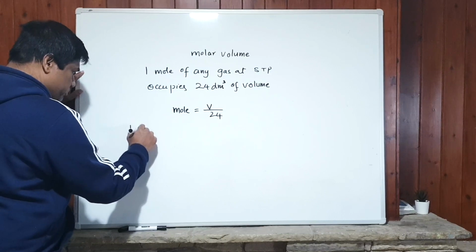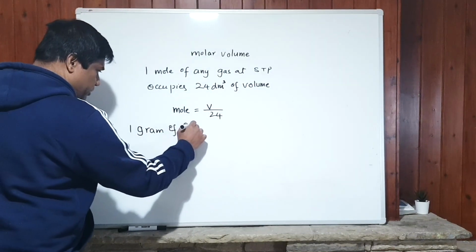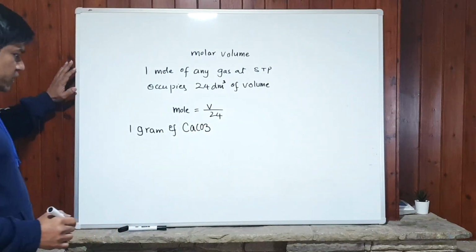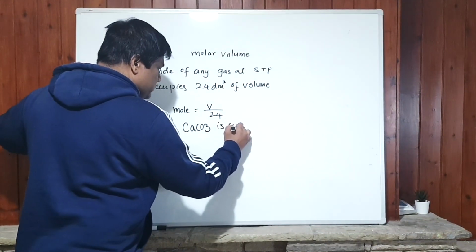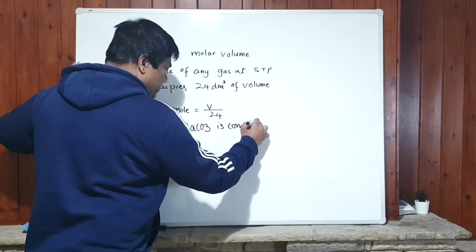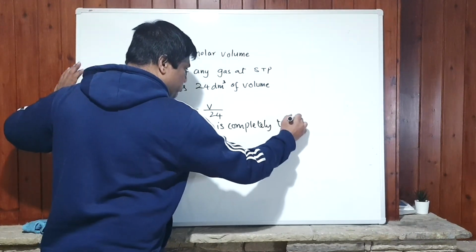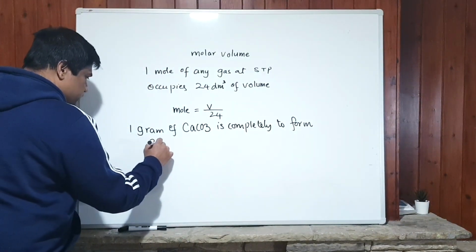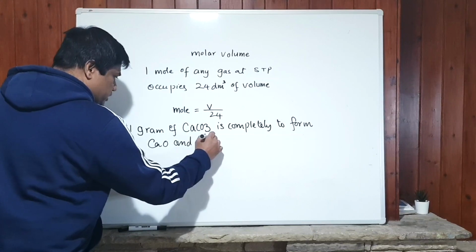1 gram of calcium carbonate, CaCO3, is completely decomposed to form calcium oxide and carbon dioxide gas.